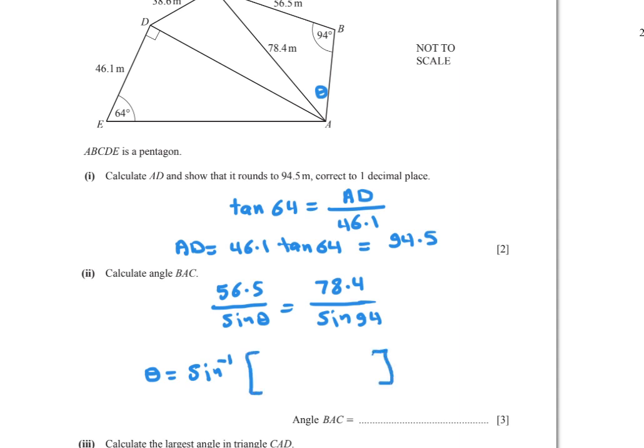Now you have a fraction. 56.5 multiplied by sine 94 divided by 78.4. 56.5 sine 94 divided by 78.4 equals 46.0 to 1 decimal place.